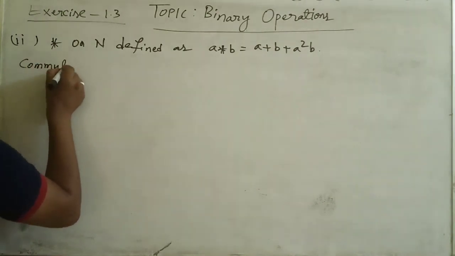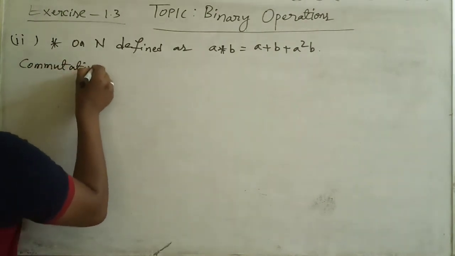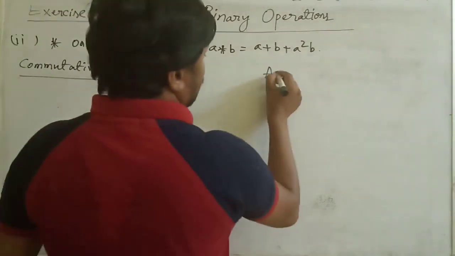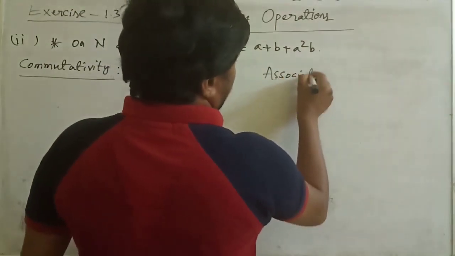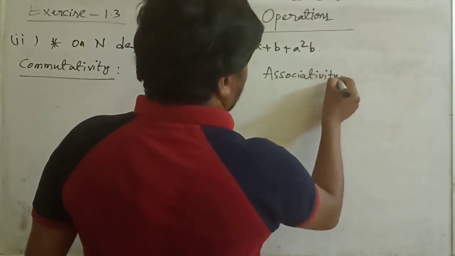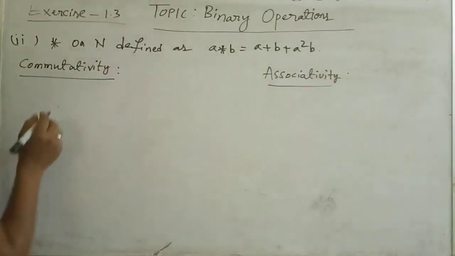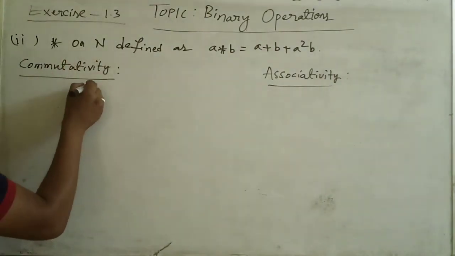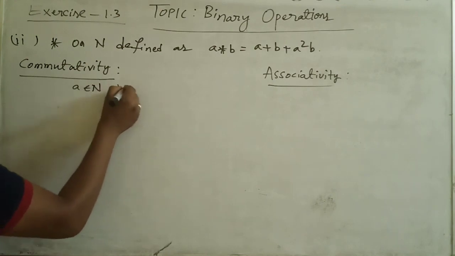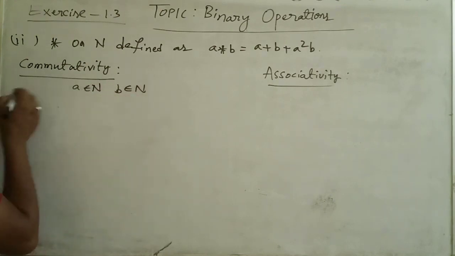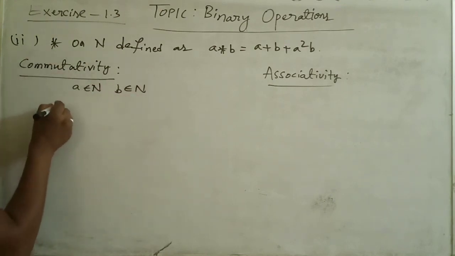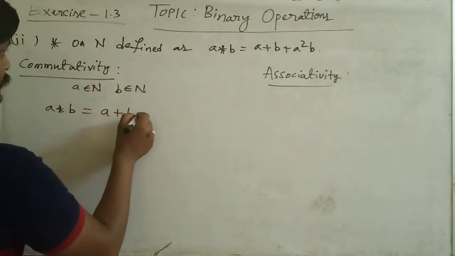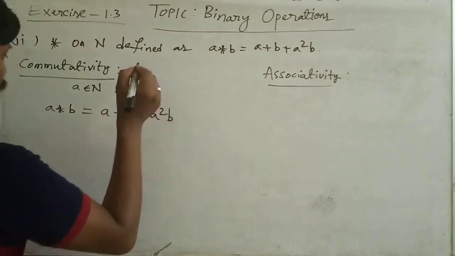For commutativity, A belongs to N, B belongs to N. First, A star B is equal to A plus B plus A square B. This gives equation number 1.